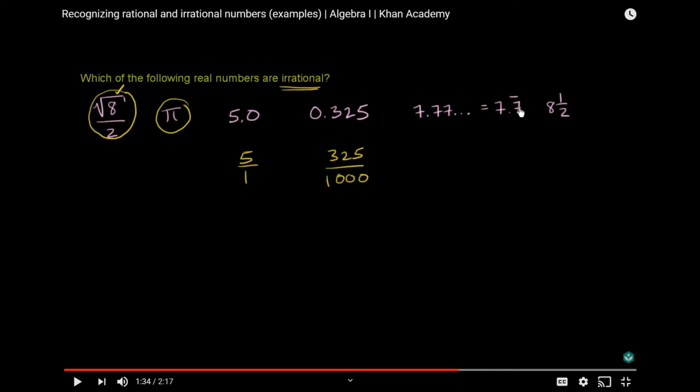You could write 7.77 ..., which means that's a repeating decimal. Or you could do 7.7 and put a line over the second number, which represents a repeating decimal.